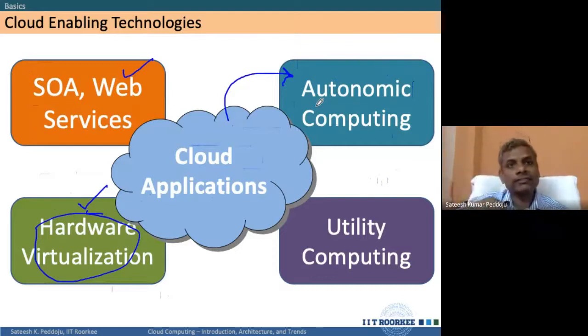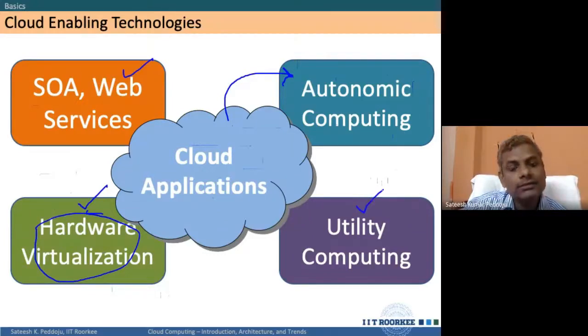With millions of servers, someone cannot personally go and make changes or identify faults. These servers should be smart enough to identify the faults, problems, requirements, and requests, and automatically respond to them. There must be some intelligence built into the systems. That is an autonomous computing environment, the next important backend for cloud computing.